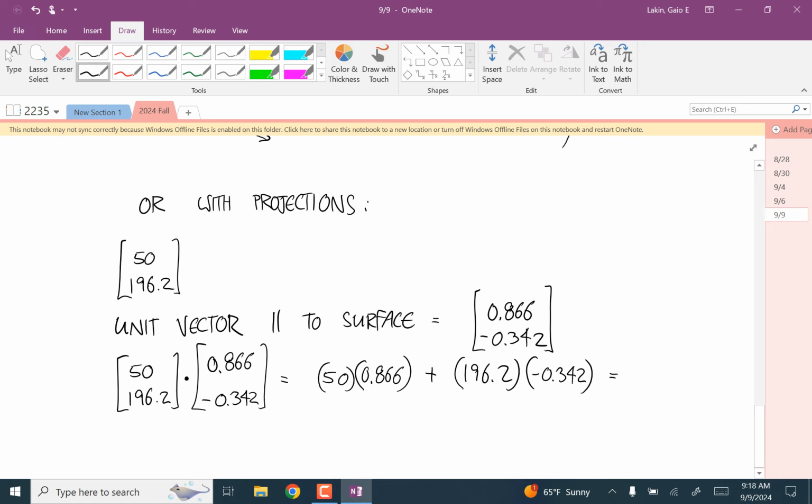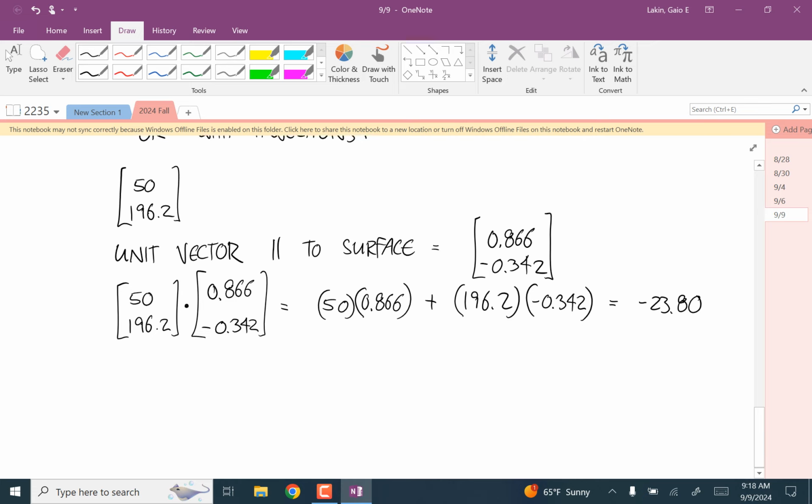And so that is negative 23.80, which matches what we got.